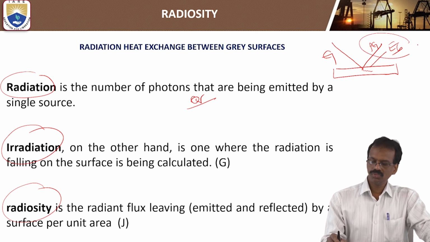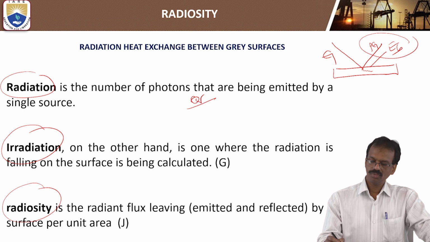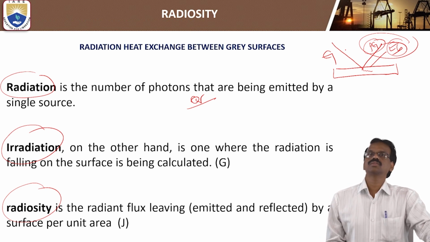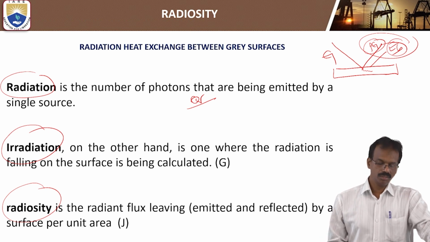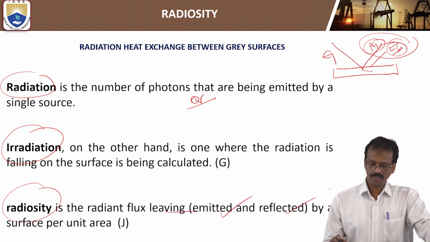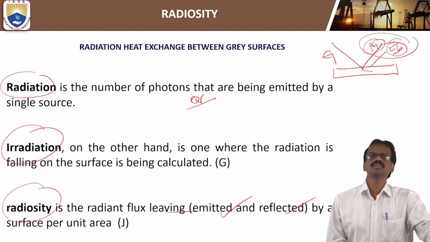The addition of these two, the reflected energy and the emitted energy, is called radiosity. So the radiant flux leaving a surface per unit area, emitted and reflected, is called radiosity.